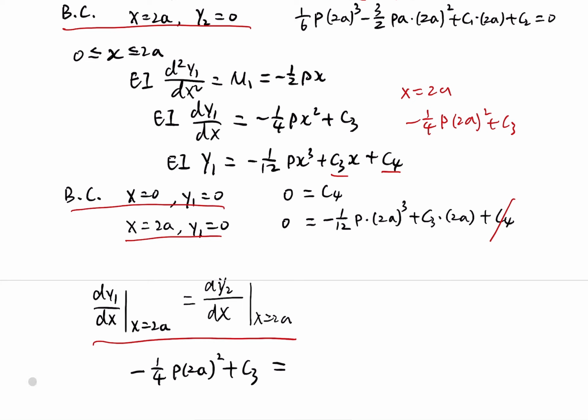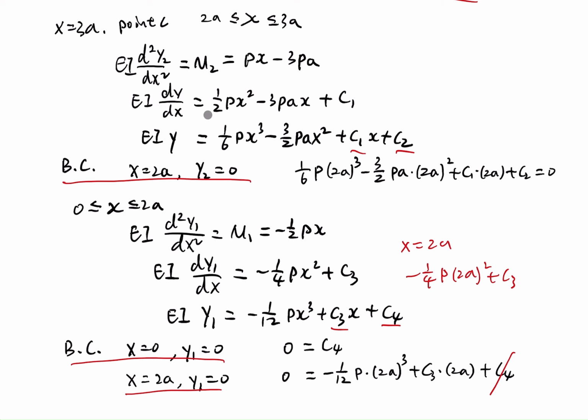And the other part of this equation is dy2 over dx at x equal to 2a. So it's showing here, at x equal to 2a, we have 1 over 2 p 2a squared minus 3 pa times 2a plus c1.